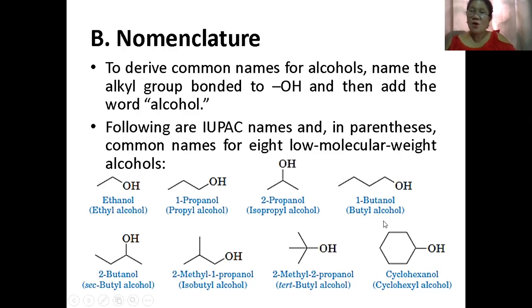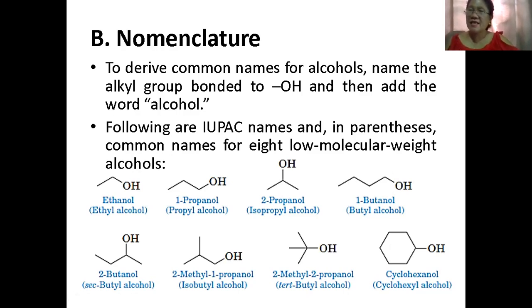And this is now butanol, 1-butanol. Why? Where do we count? This is 1, 2, 3, 4. You should not count 1, 2, 3, 4, 5, that is wrong. This is because the chain is branched with the OH here on carbon 1. That is 1, 2, 3, 4, so the parent is butane.